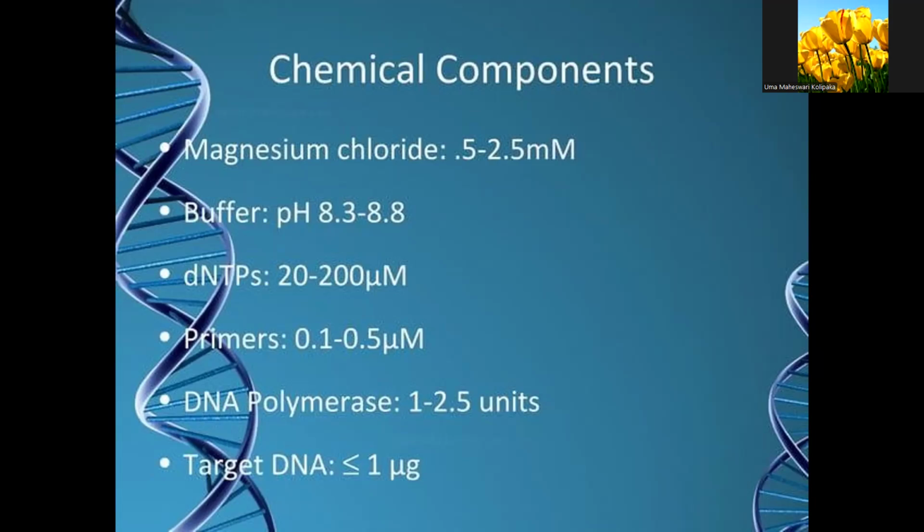And DNA polymerase, that is 1 to 2.5 units. Target DNA that is less than 1 microgram. These are the components we need, these are the prerequisites for the starting of the PCR technique.